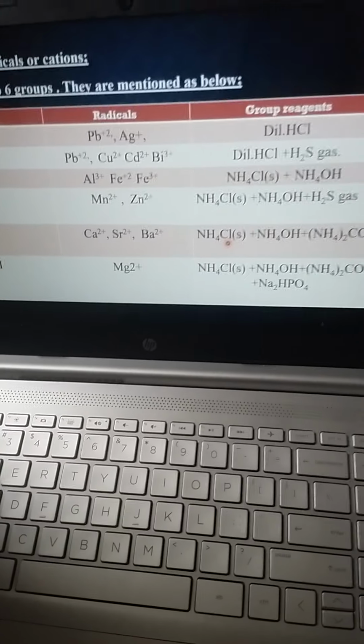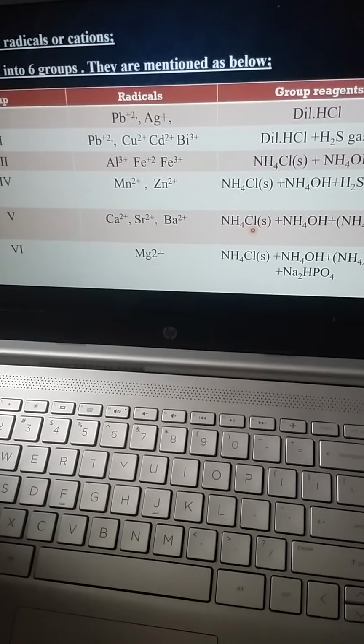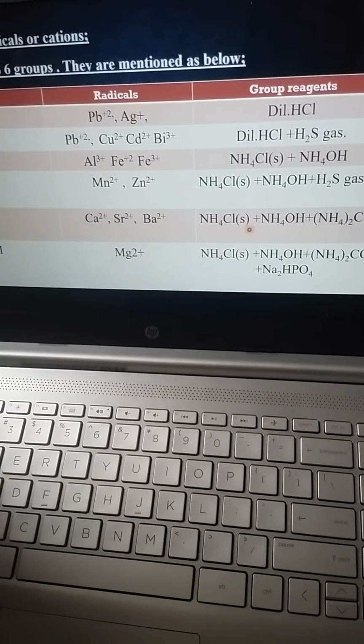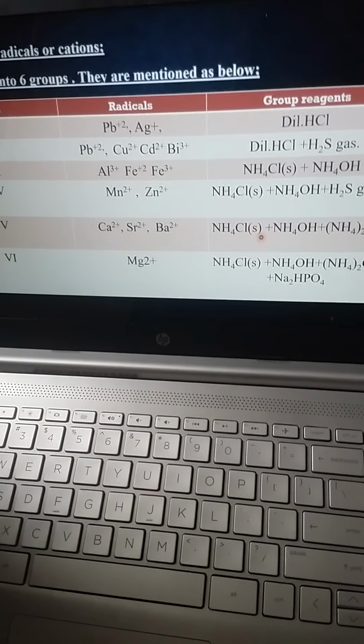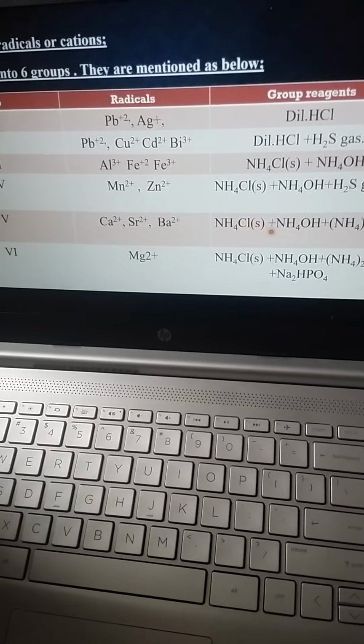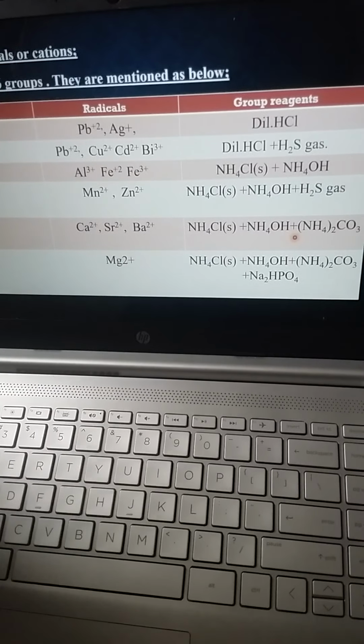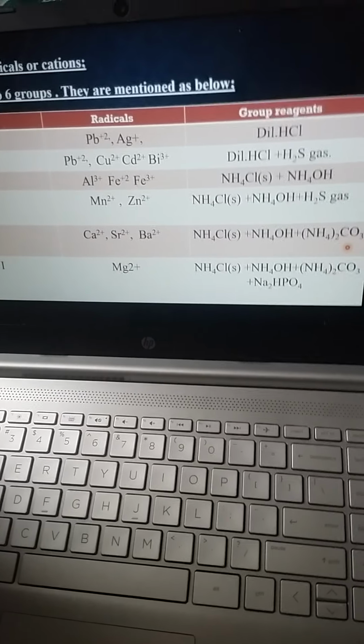The group reagent used for the fifth group is solid ammonium chloride plus ammonium hydroxide plus ammonium carbonate.